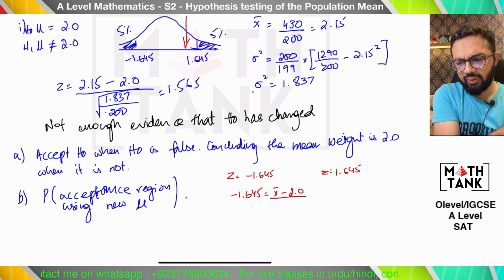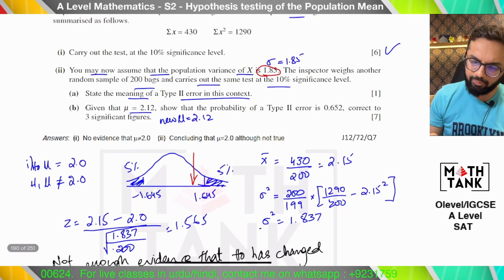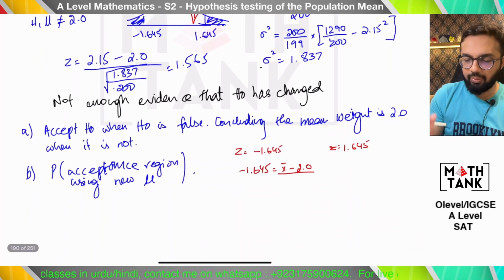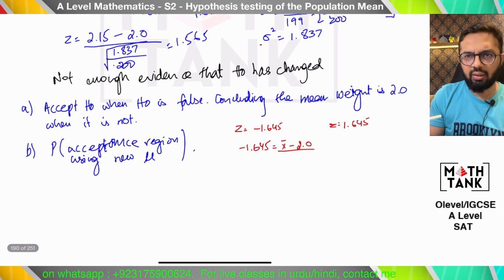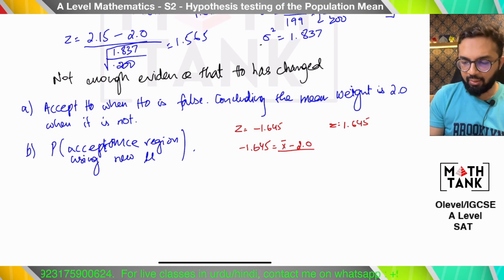I don't know why this was 1.85. Going to do a calculation mistake at 1.84. It's okay, we can check later. I think we've gotten the right conclusion. There might be a slight difference in calculation, but I'm going to check that later on.